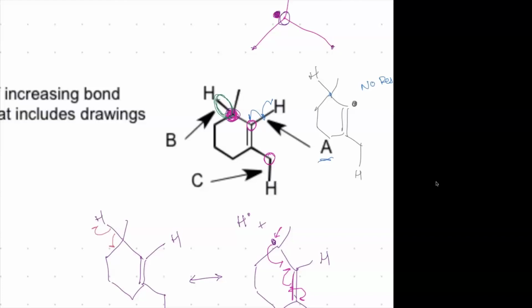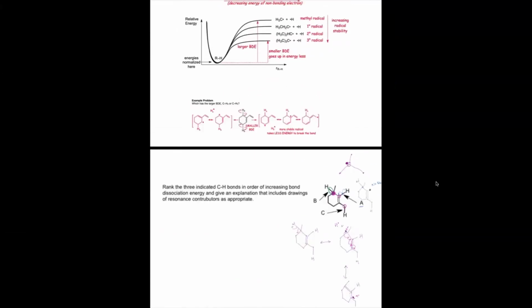So I'm kind of noticing a pattern that, forgive me if I'm wrong, the more resonance structures or resonance contributors it has, the more stable it will be. So it will have a higher bond association energy.